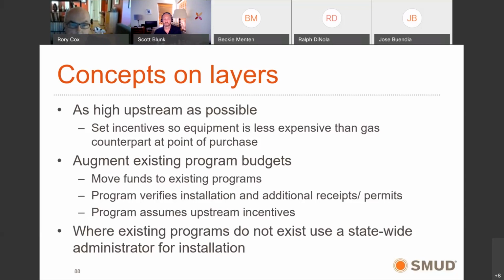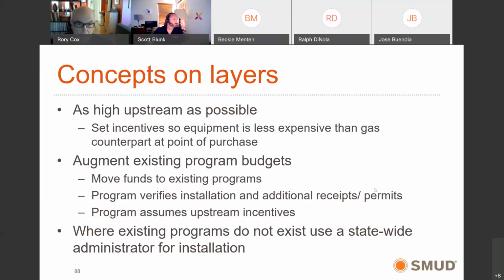I know that's something that SMUD would be happy to do, because, like I said, with more money we can do so much more. We have the goal of 80% of all of our buildings being all electric by 2040, 100% of our low income. This is just going to help us get there faster. And where there isn't an existing program or existing programs aren't coming, maybe they can be statewide administration.